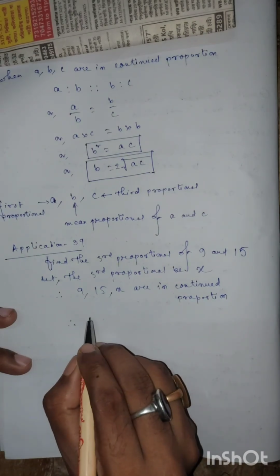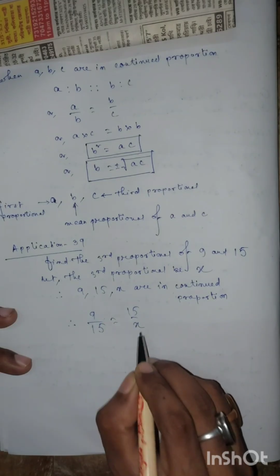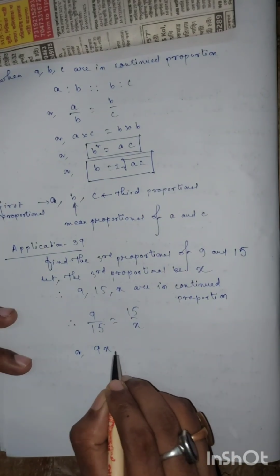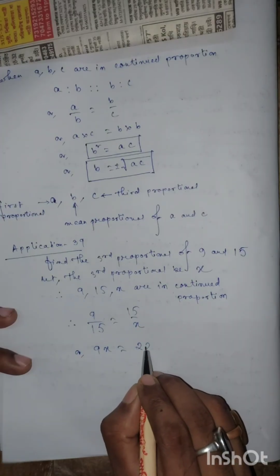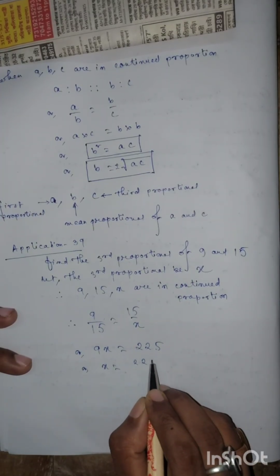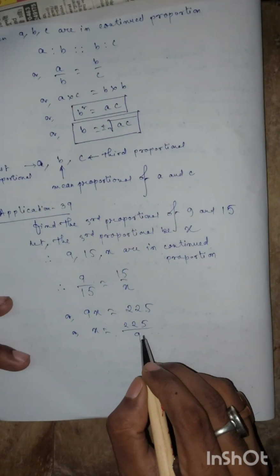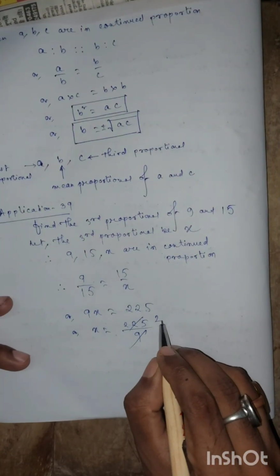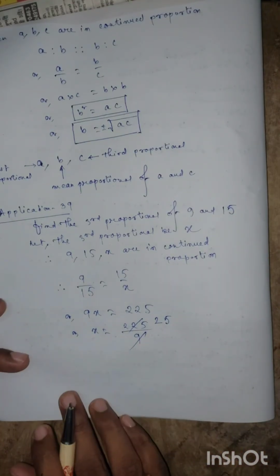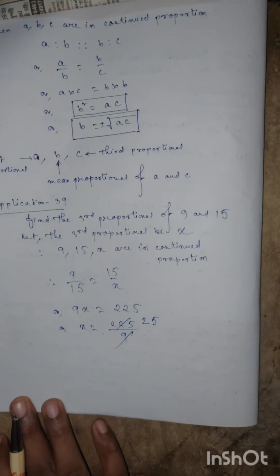Therefore, we can write 9 by 15 is equal to 15 by x, or 9x equal to 225, or x equal to 225 by 9. So the value of x is 25. Okay, this is our third proportional.